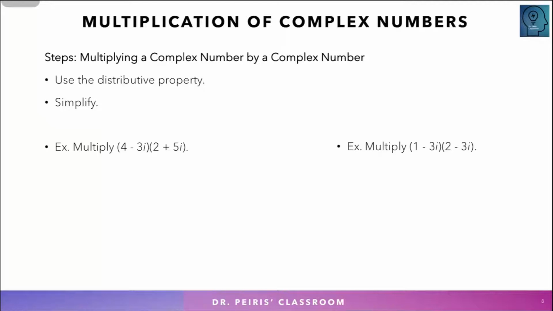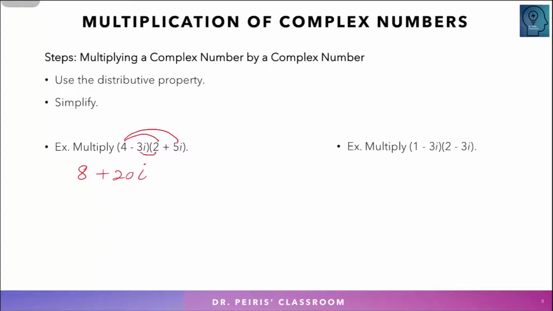Basically you need to multiply the second parenthesis by 4 first, like this. 4 times 2 is 8. 4 times 5i is 20i. So this is what you do. First you multiply the second parenthesis by 4. Then you're going to multiply the second parenthesis by negative 3i.